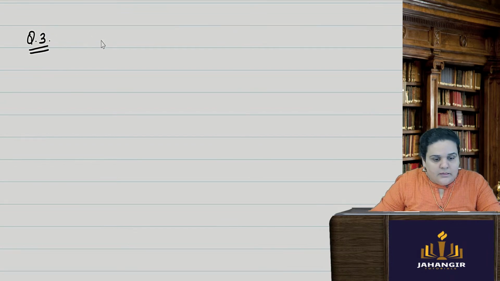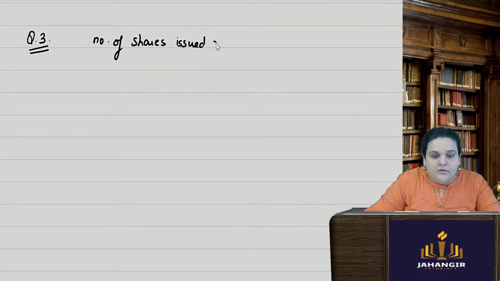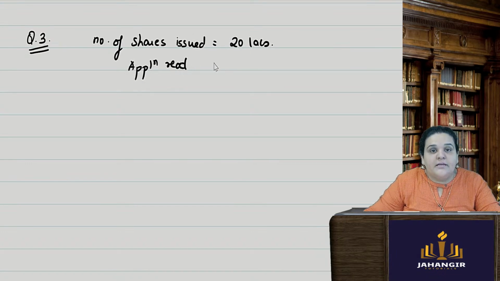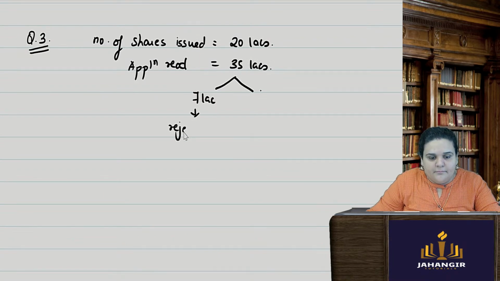Now see. Number of shares issued, 20 lakhs. Applications received are for 35 lakh shares. Out of that 35 lakhs, they said 7 lakh shares should be rejected and refunded.